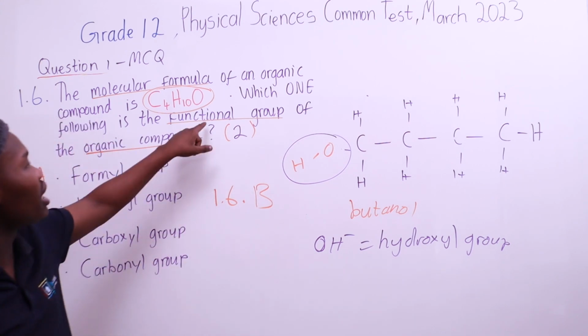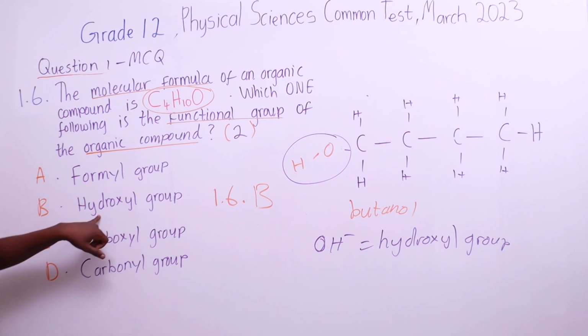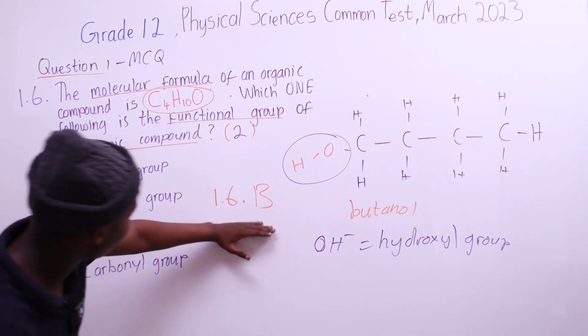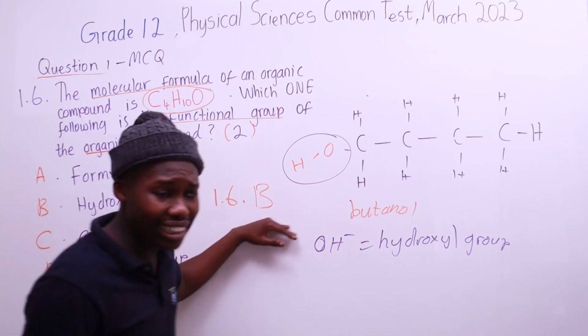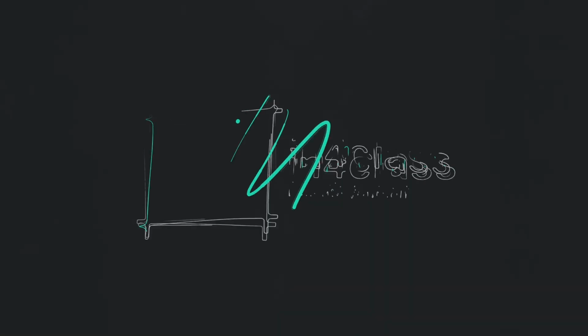In this case, the functional group of an alcohol is OH, called hydroxyl, which is why we chose B as our answer. Let's go to 1.7.